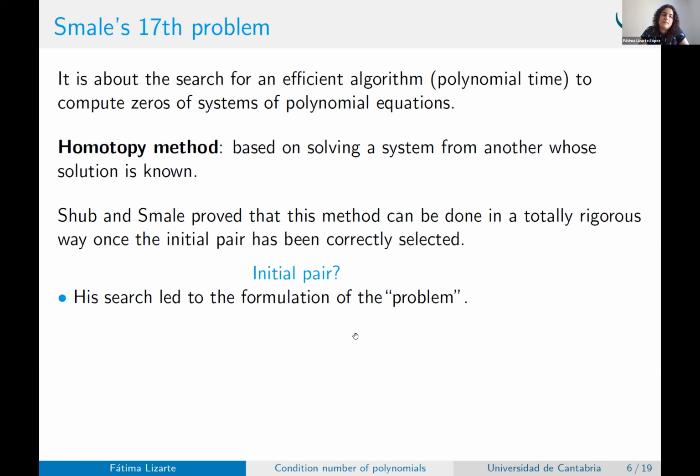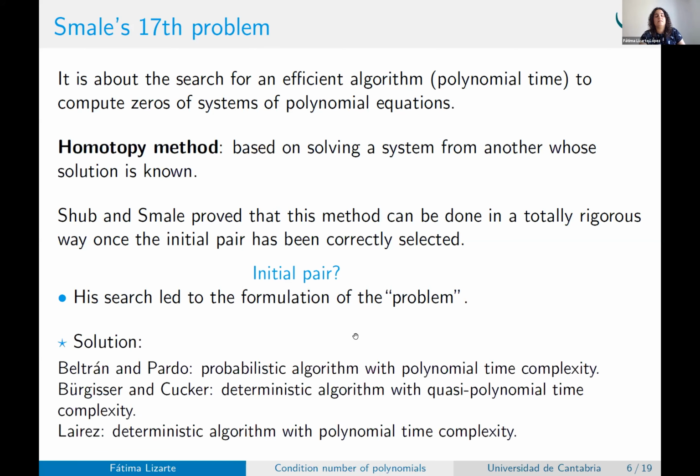Soon, they realized that explicitly describing such a sequence of well-conditioned polynomials was a difficult task. In short, the motivation for Shub and Smale to pose the problem was the search for a good starting polynomial to be used in the homotopy method for polynomial root finding, and therefore solving systems of polynomial equations.